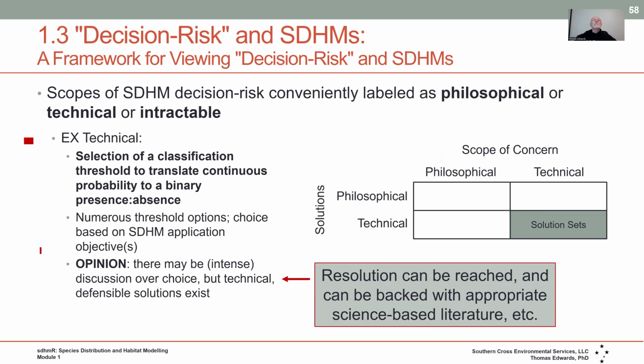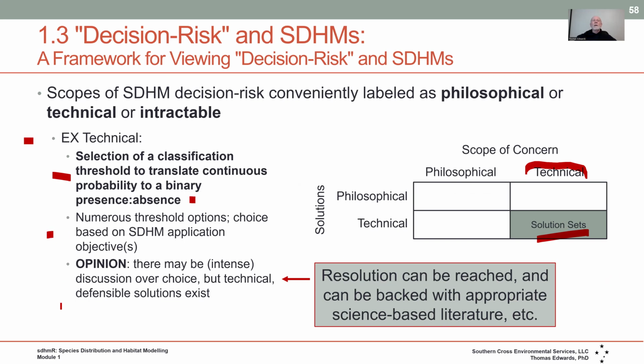A second of these is technical. Now, one of the things we'll learn about is something called a classification threshold, which translates the continuous probability of the statistical tool into a binary presence or absence. This is a technical issue, and solution sets do exist.